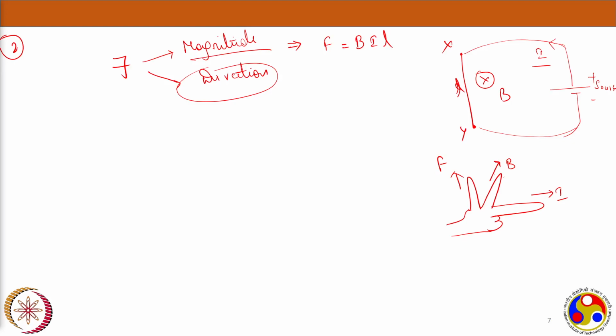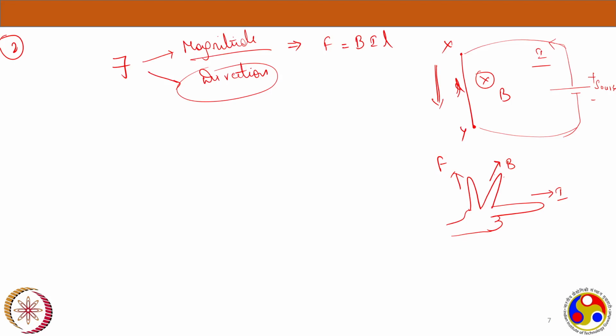Magnetic field in this direction, and middle finger is current, and the thumb will show you the direction of the force, which is towards the bottom. So the thumb is showing the force, the forefinger is showing the magnetic field, and the current is in this direction.